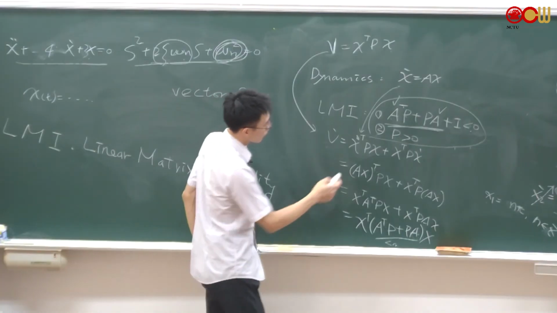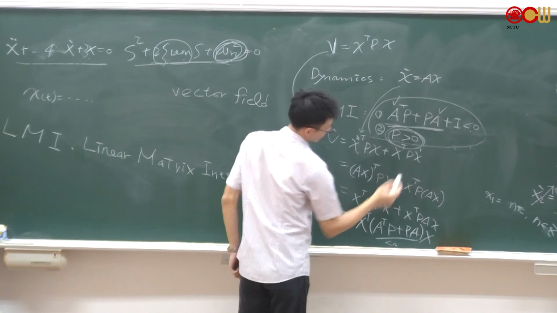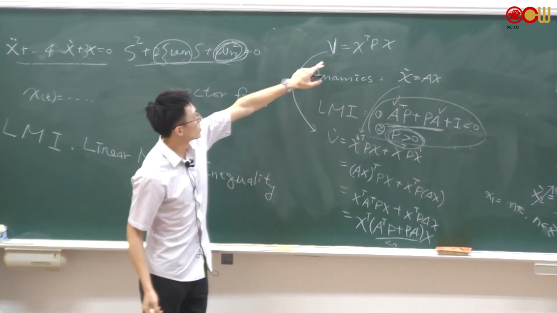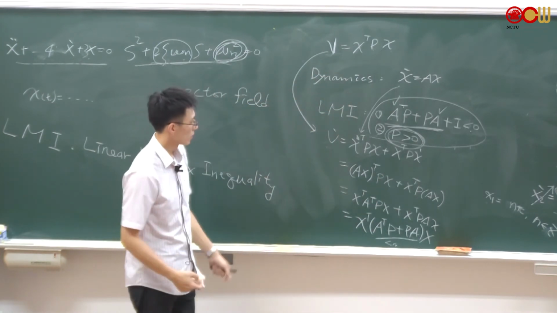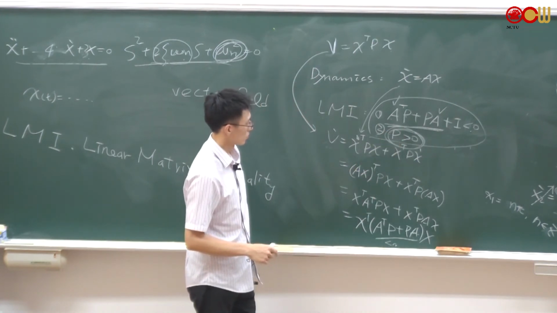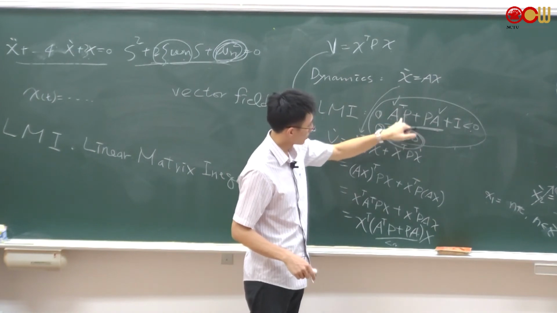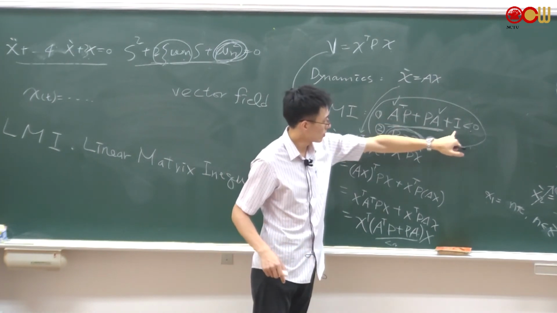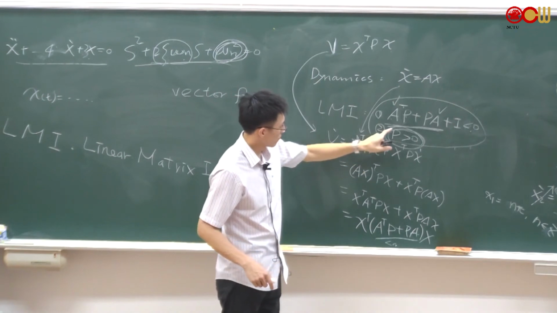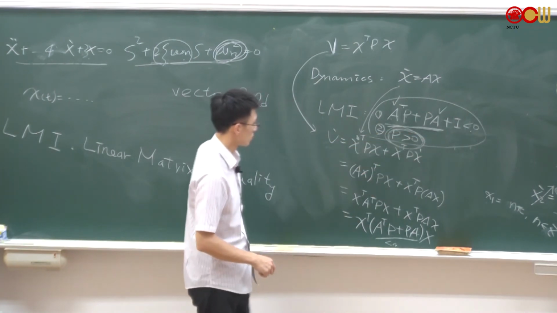Another condition for this P is that P has to be greater than 0 because V has to be PD. When you're trying to solve for this P, you can use MATLAB to solve for P given A. There are many P's that satisfy this condition, but you need to constrain P to be greater than 0.